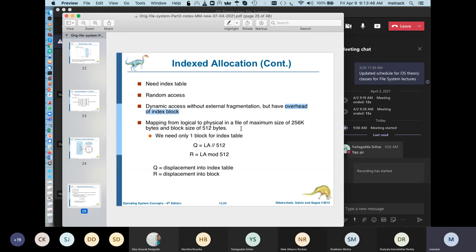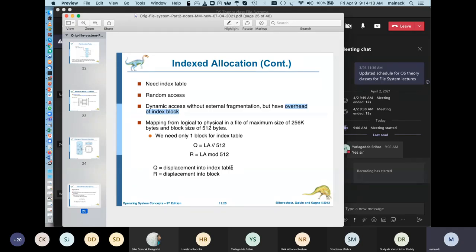Now, if we assume a 1 byte pointer, then for 512 blocks, the size of the index table is 512 bytes, so we need only 1 block for the index table.